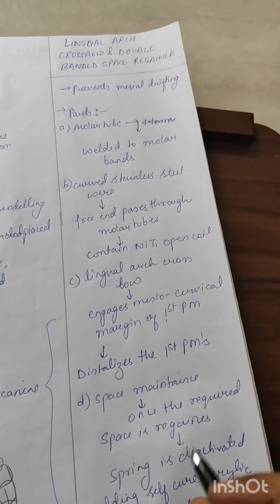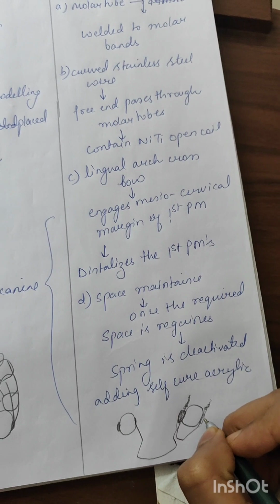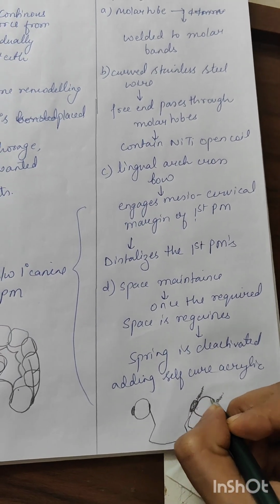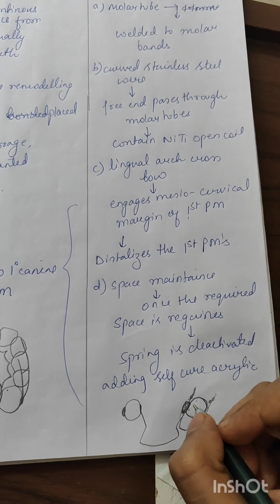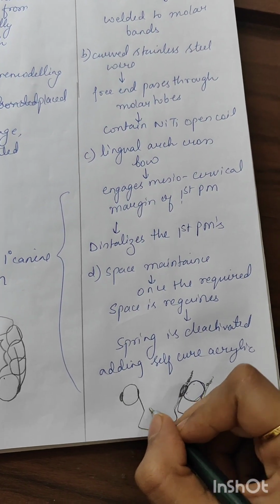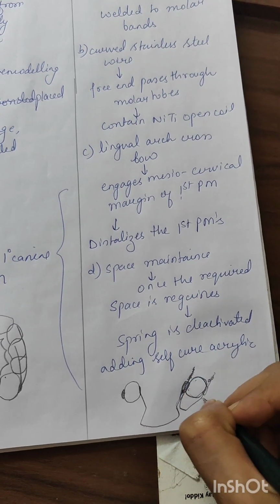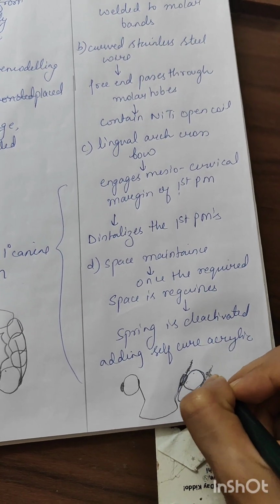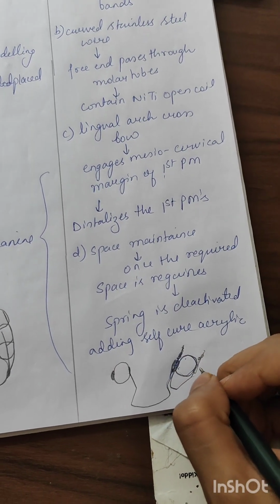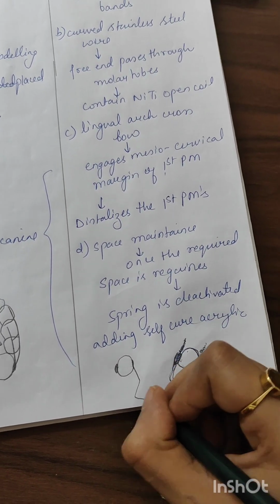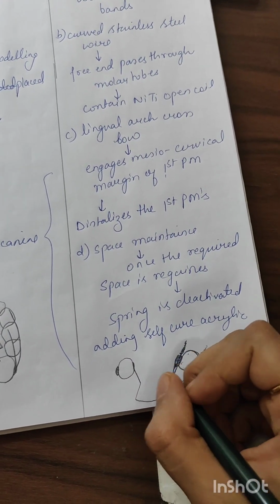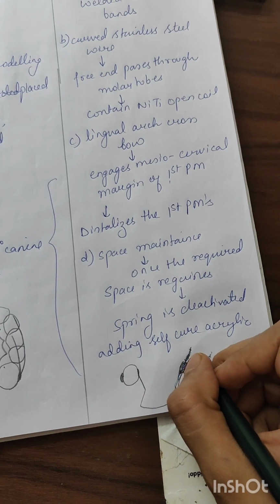Parts: it has a molar tube welded on the molar bands, a curved stainless steel wire, and the free end passes through the molar tubes, and an open coil nickel titanium spring is used. The lingual arch crossbow engages the mesiocervical margins of the first premolars.